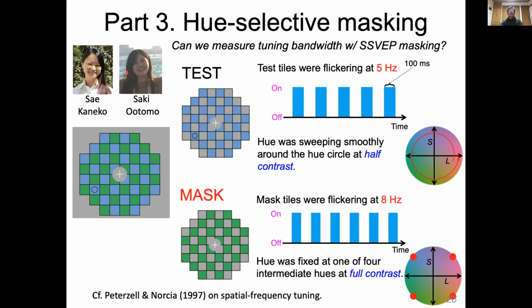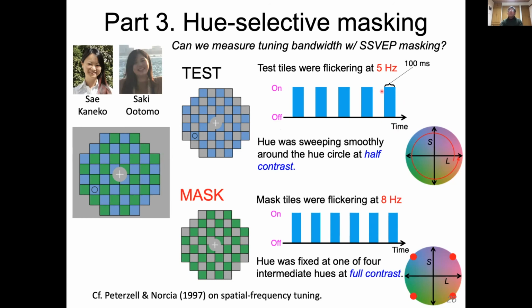She's supervising our undergraduate student, Saki, and they were doing the recording using the SSVEP masking technique. Now we present the mask color in addition to the test hue, which changes along the hue circle over 24 seconds, like the first experiment.